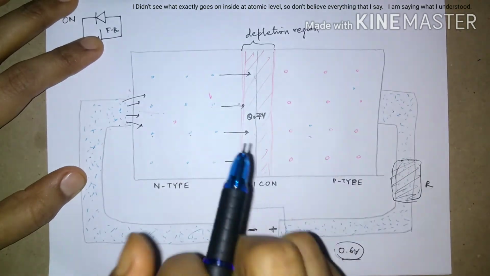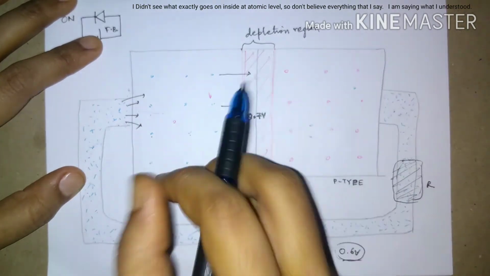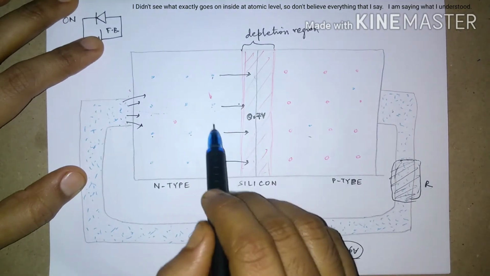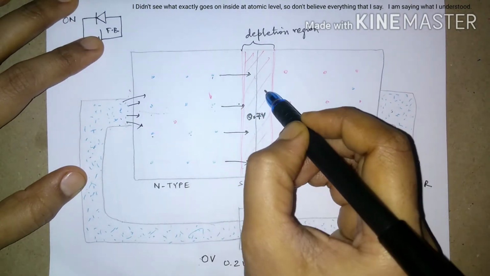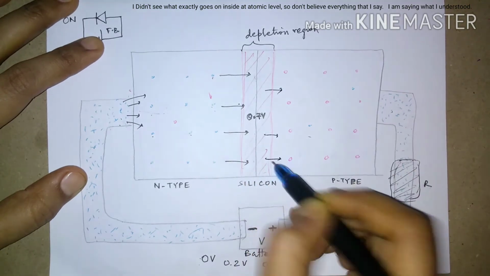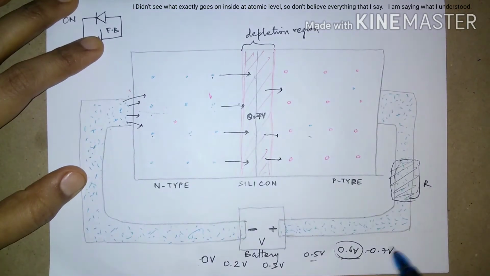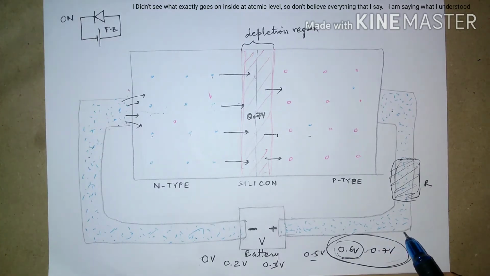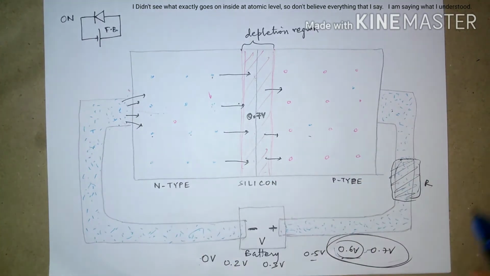They are getting woken up and they are getting vibrated by the energy provided. Now these electrons will enter into this when we apply 0.6 to 0.7 volts across this diode.